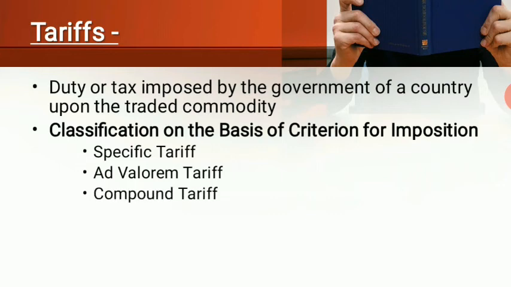Next is compound tariff. The compound tariff is a combination of specific and ad valorem tariff. The structure of compound tariff includes specific duty on each unit of the commodity plus a percentage of ad valorem duty. So this is called compound tariff.